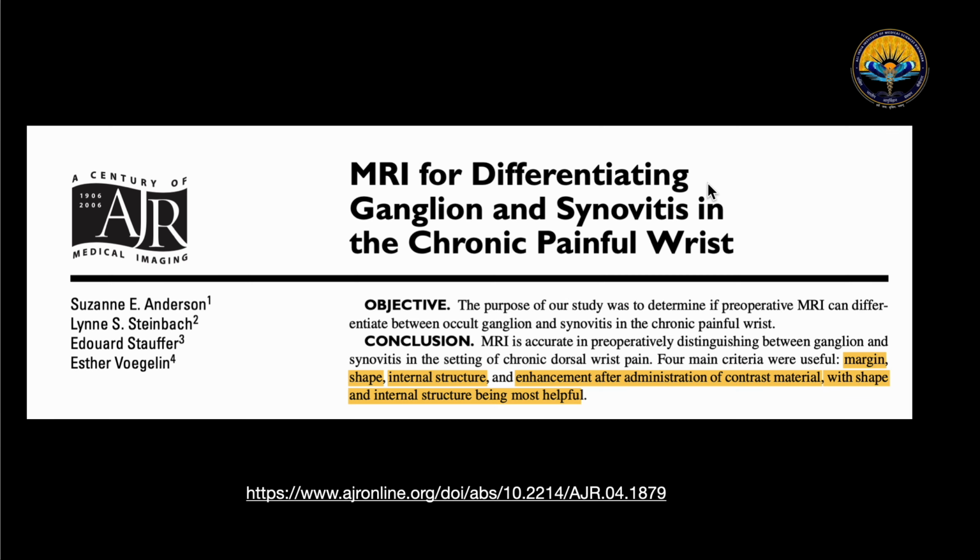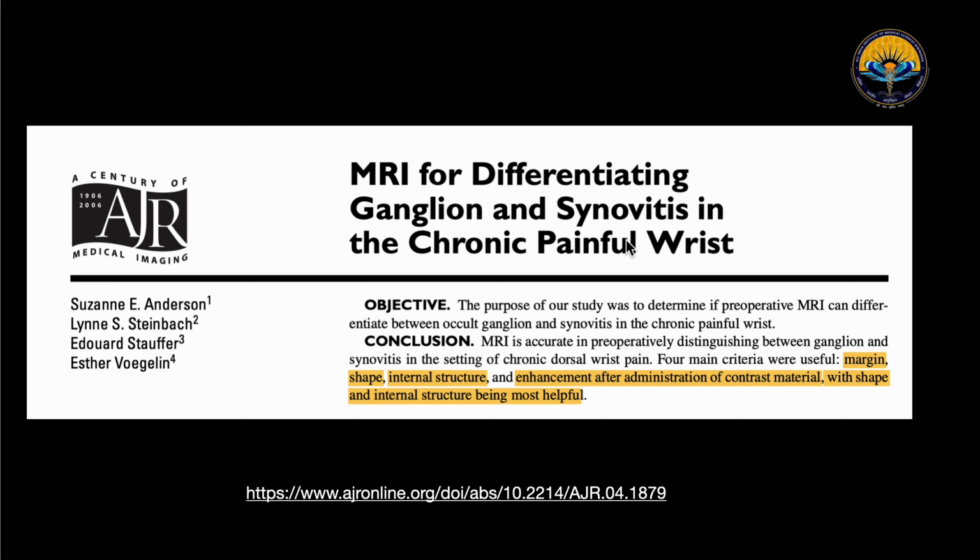I put an article on it which was published in the American Journal of Rheumatology, and the heading of the article was how good is MRI for differentiating a ganglion cyst and a tenosynovitis in a patient having a chronic painful wrist. The conclusion was that they initially had 6 criteria included in it.